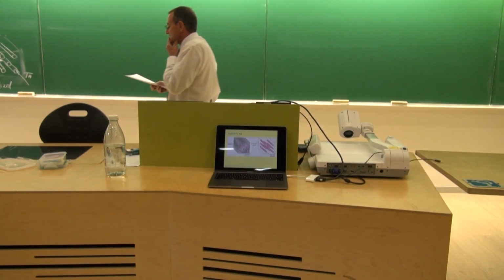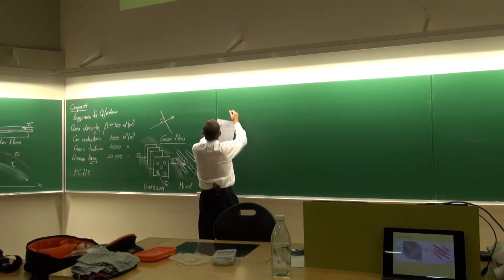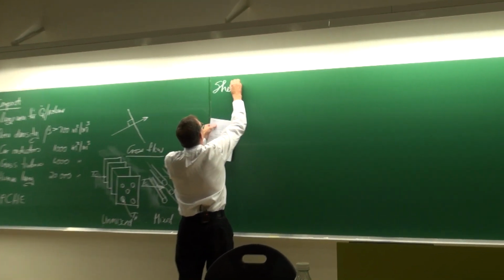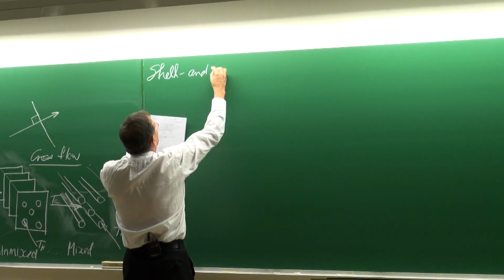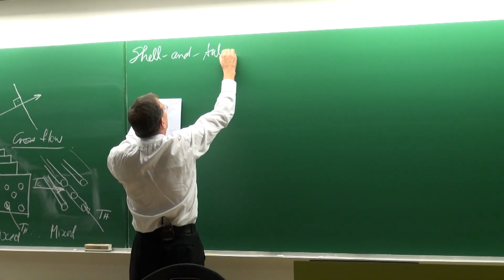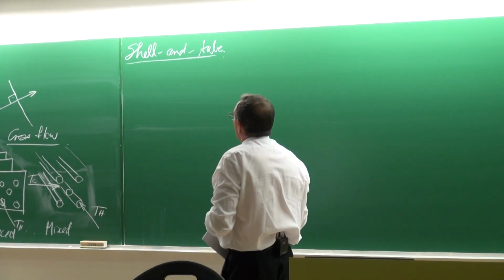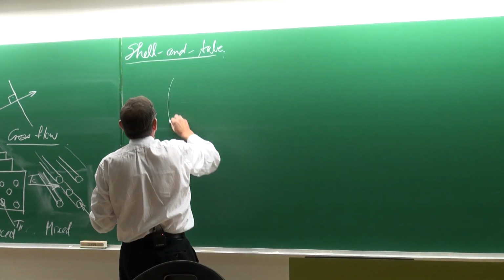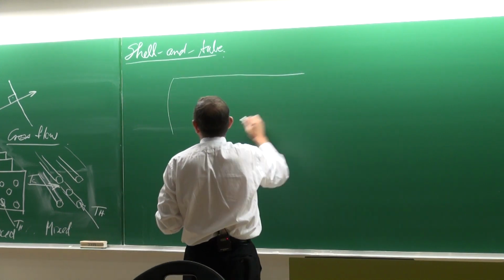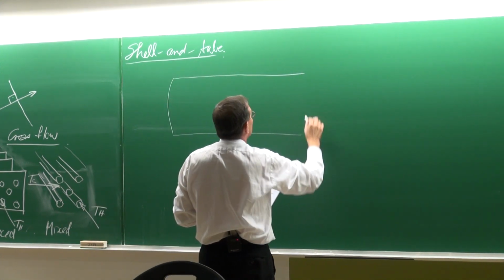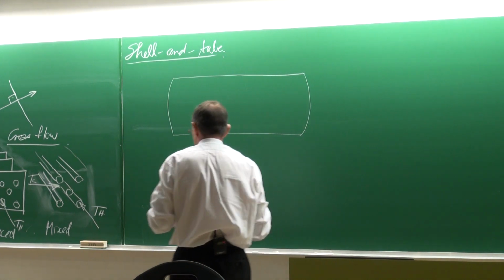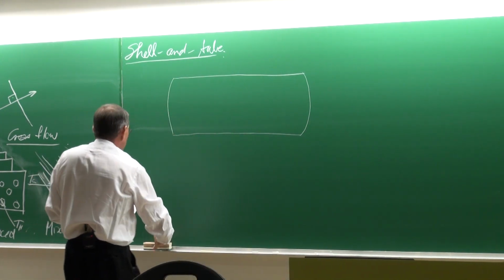Okay. The next type of heat exchanger is called a shell and tube. A shell and tube heat exchanger. That is a very important category. And it consists, firstly, of, as it says, a shell, like this. Okay.